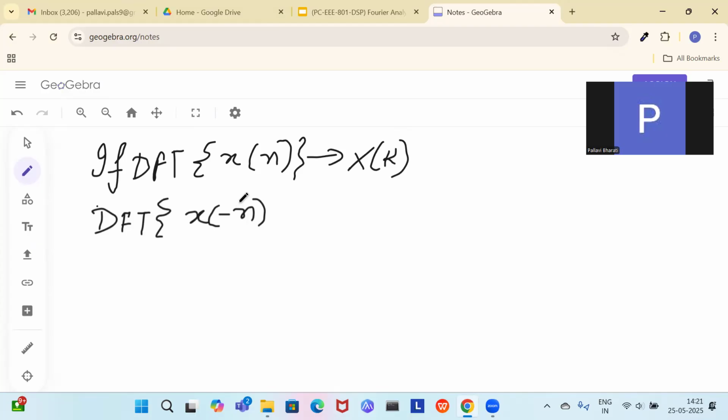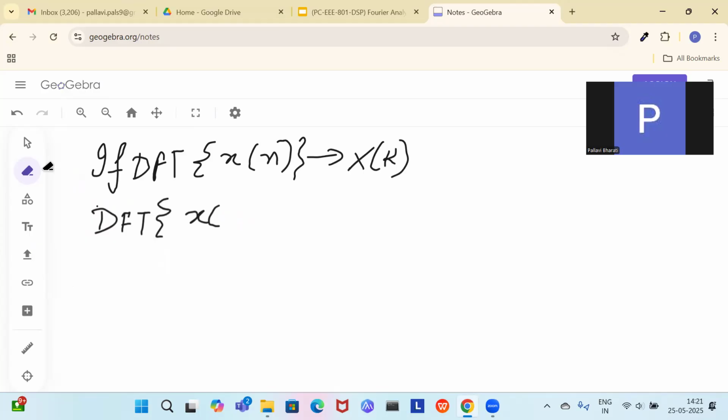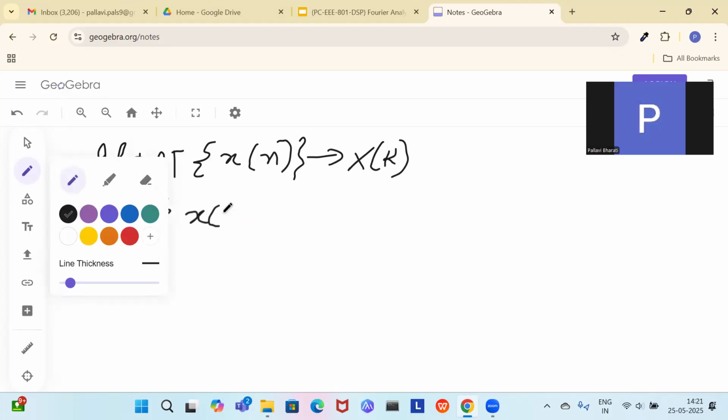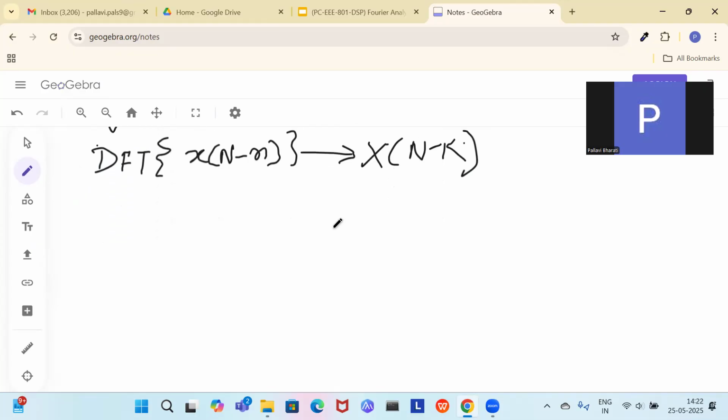Now here we have to write not simply minus n, but x of capital N minus n, because everything is fixed with the length of capital N. So the DFT of x of N minus n is going to be capital X of N minus k. This is the thing that basically you need to prove. If the DFT of x of n is X of k, then the DFT of x of N minus n is X of N minus k. So let's get started with this proof.